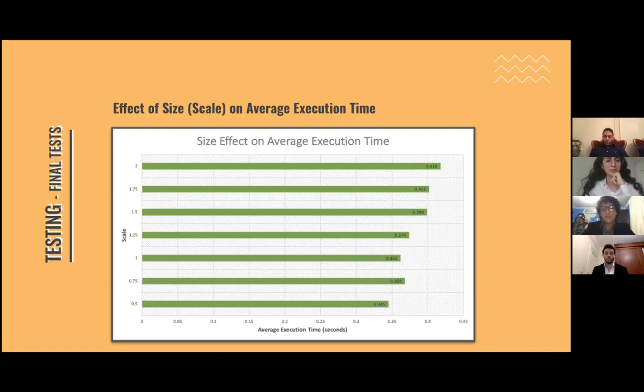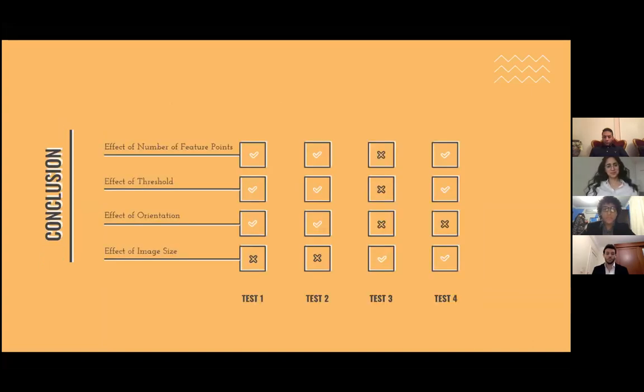However, we can see that number 1, where scale 1 or the original scale, is an outlier with lower average execution time than expected. That's because having the image in its original size would not need resizing it. So basically the increase in all the others is the cost of the resize function.